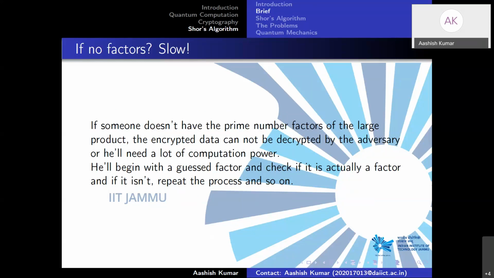Right now, if he uses a classical computer, it will take him a lot of computation power and a lot of time. He will be guessing a factor, and then manually checking whether it is a factor of that large n or not, and he will repeat this process till eternity until he gradually finds the prime number, which is highly unlikely.